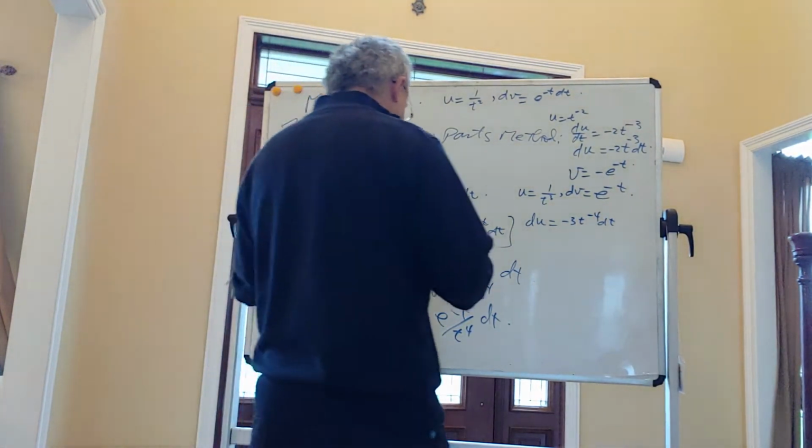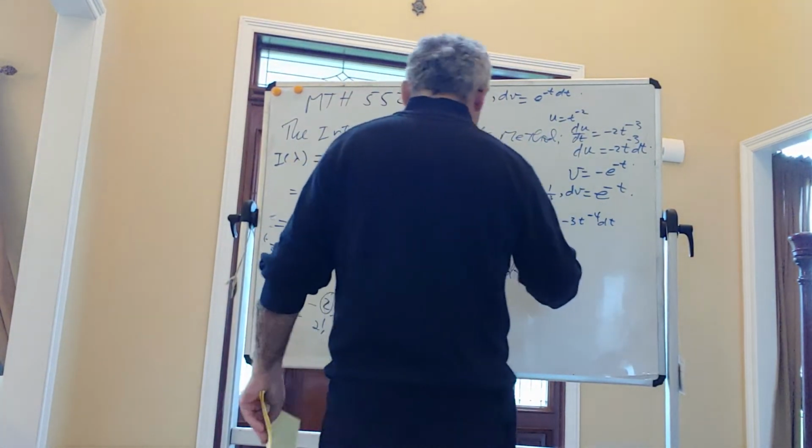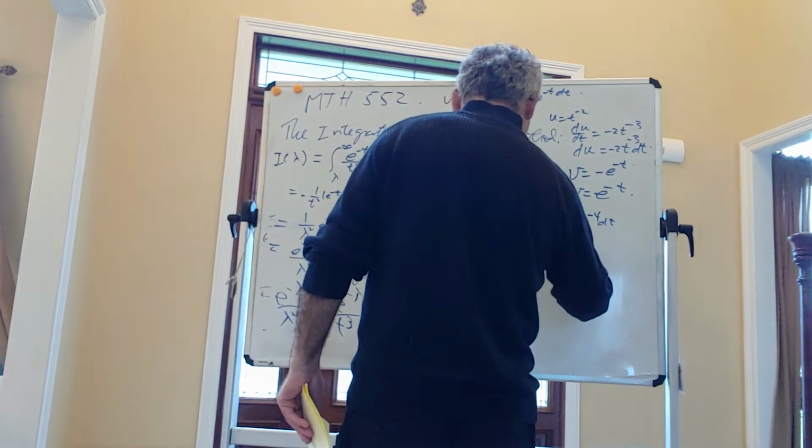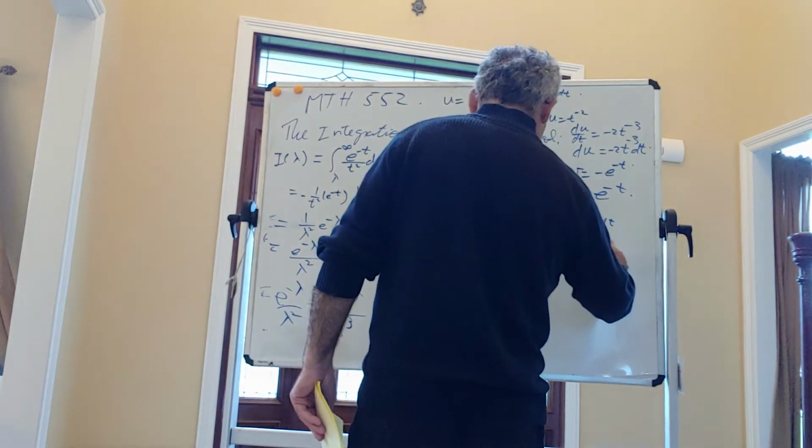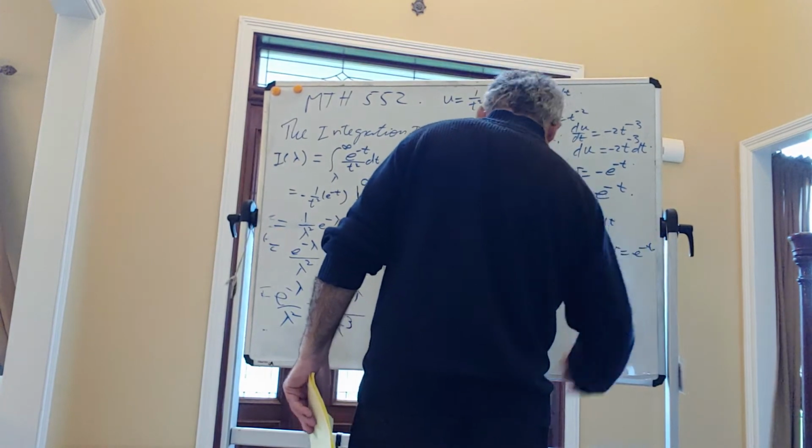If we continue one more time, now you do u equal t to the minus 4, and dv is e to the minus t.